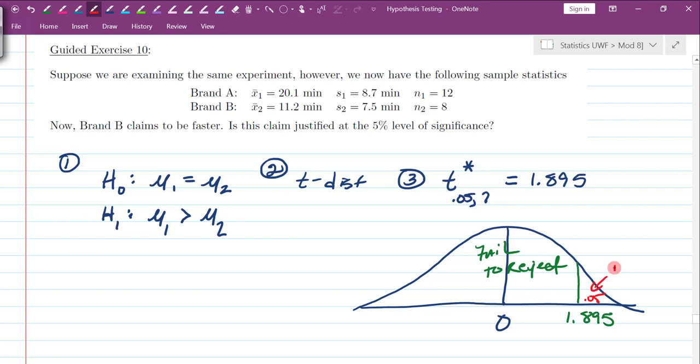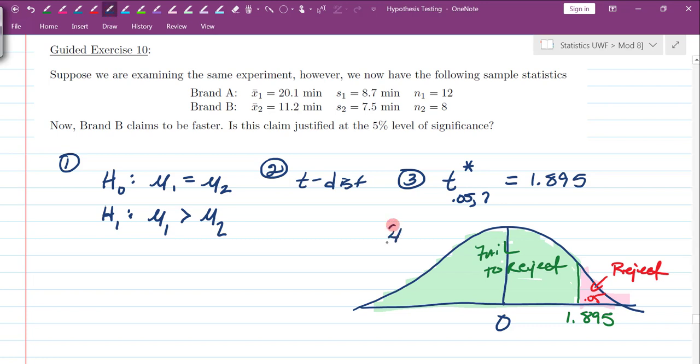And this is where we're going to reject. So now we can go ahead and add a little bit of color just to make sure everybody is on the same page here. This is where we're going to fail to reject. And then over here is our rejection area.